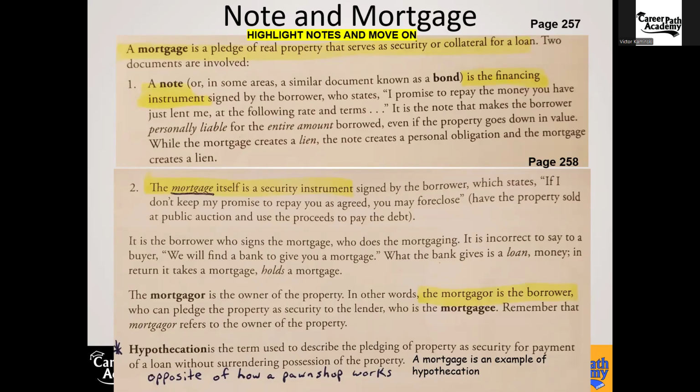If you don't pay them back by a certain deadline, it becomes theirs, and then they sell it, and they keep the profit on it. That's how they make money. But hypothecation, that's not how that works. You're pledging your property as security for the loan, but you're not giving it up. You're still holding on to it. You're living in it, most likely.